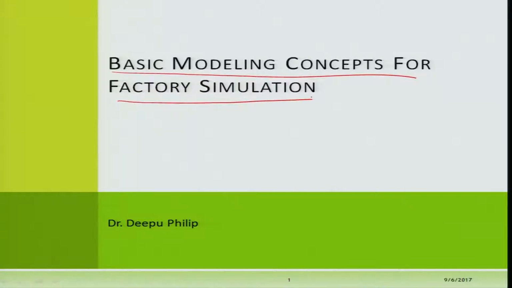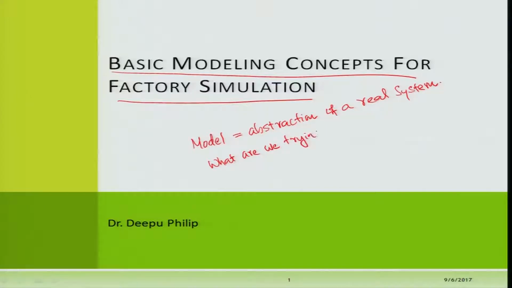Remember that we talked about what is a model. One of the phrases that I want to recap today is model, which we called an abstraction of a real system. So what are we trying to abstract?